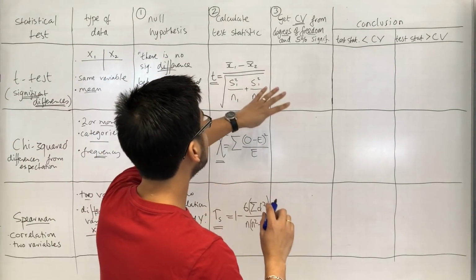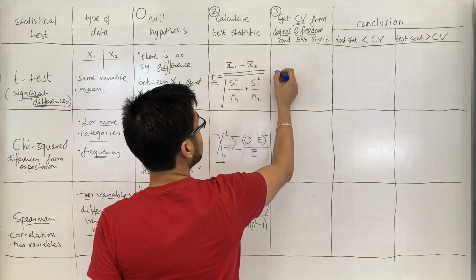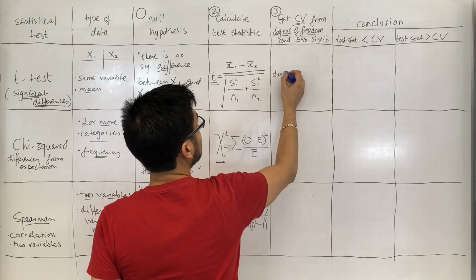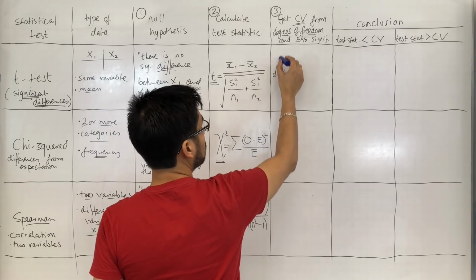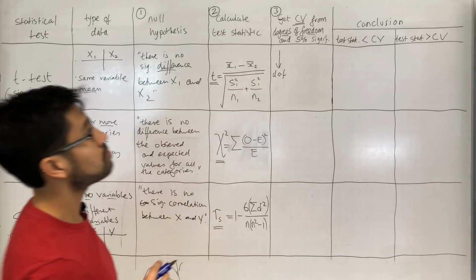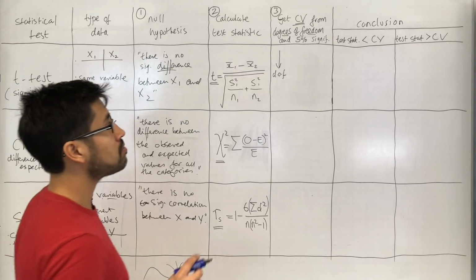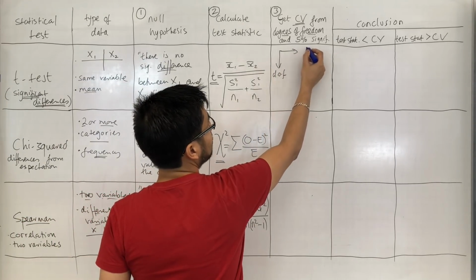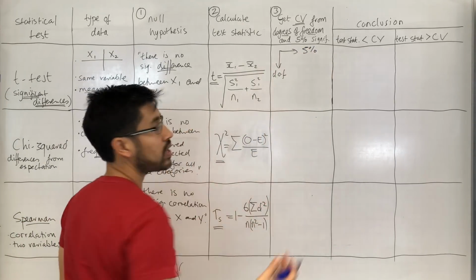For a t-test, the degrees of freedom, remember, is how much we are going down the critical value table. Remember, we're already set at 5% going across.